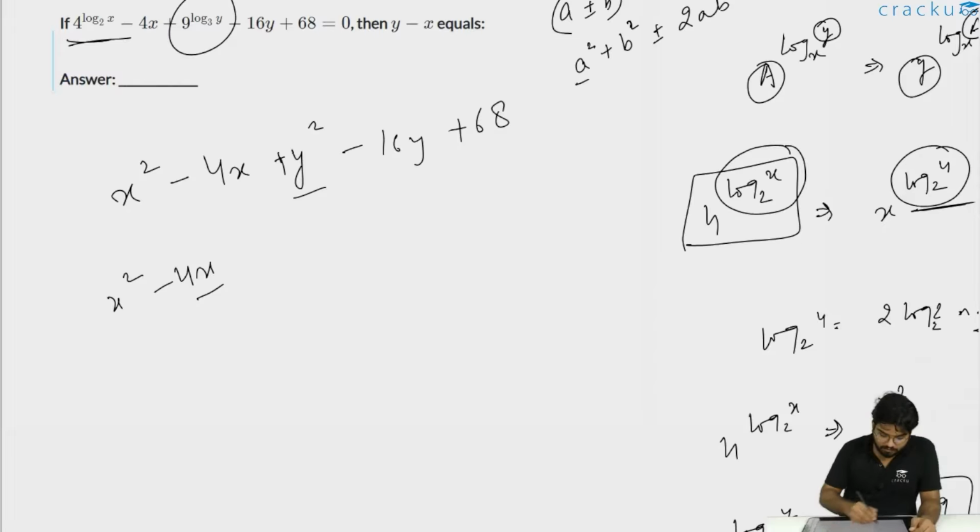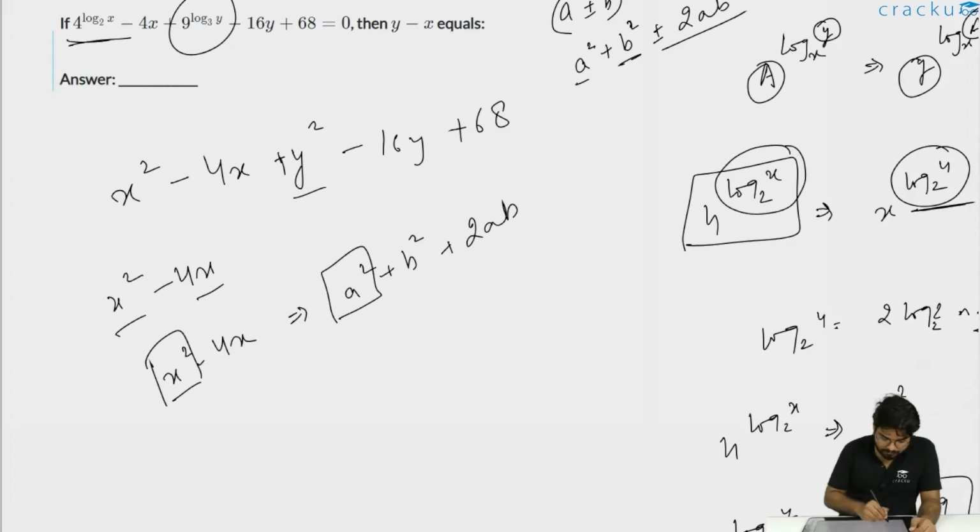We have x square and we have this term. Let's convert this. X square minus 4x, let's say this is a square plus b square plus 2ab some portion. X square can be a square. So minus 4x has to be this value, that is 2ab.